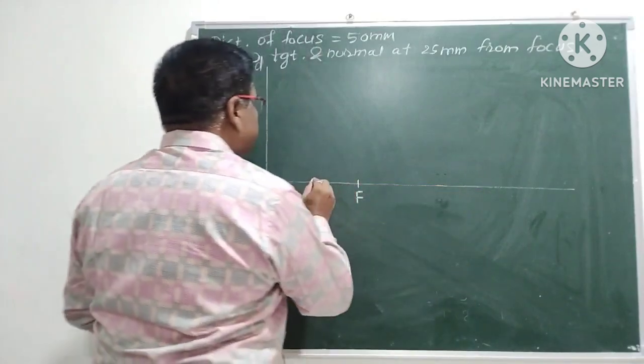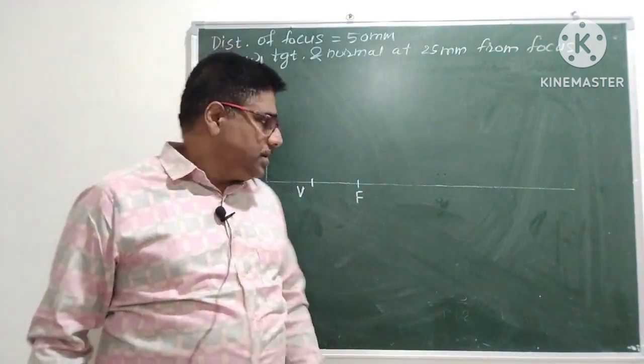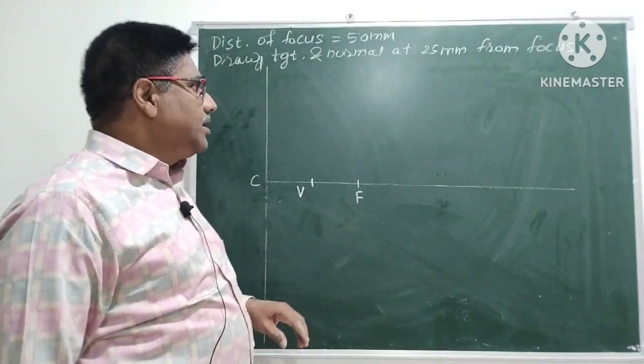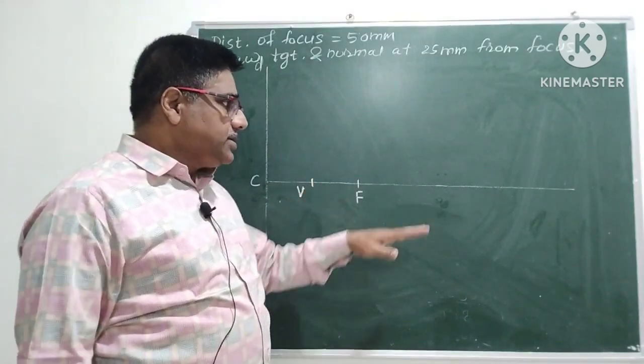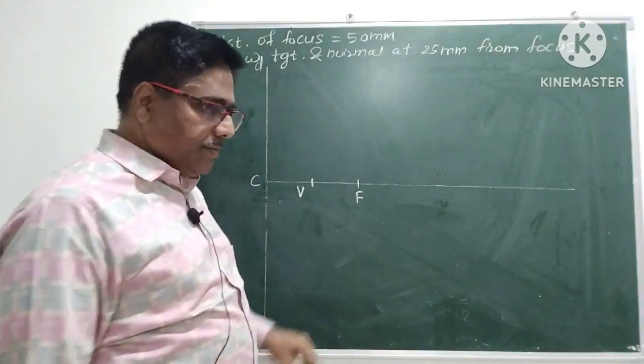Here, this is the vertex. What is the vertex? Vertex is a point common to parabola and axis, means it is the point of intersection between axis and parabola.